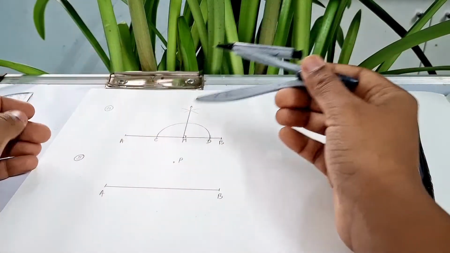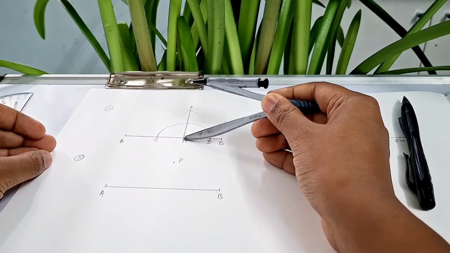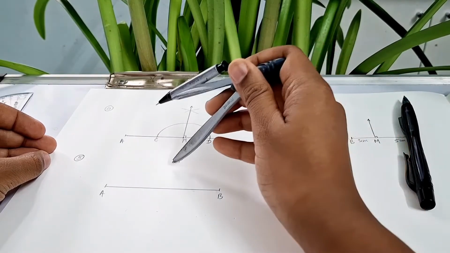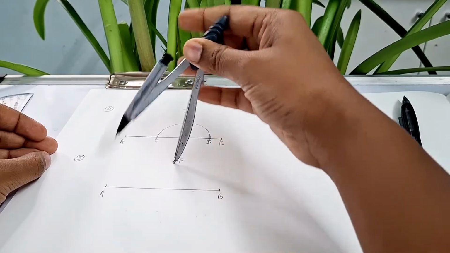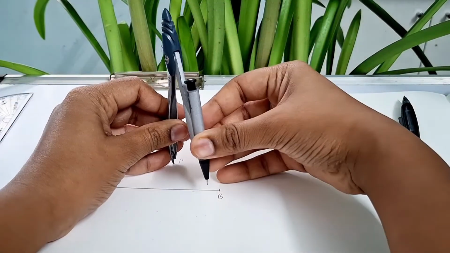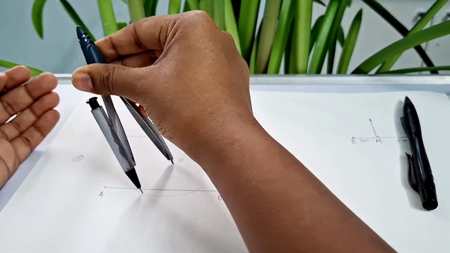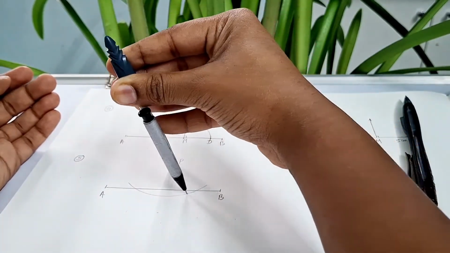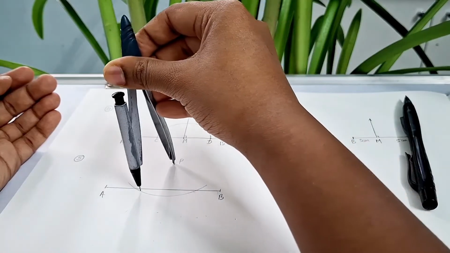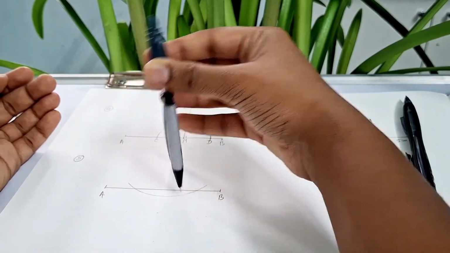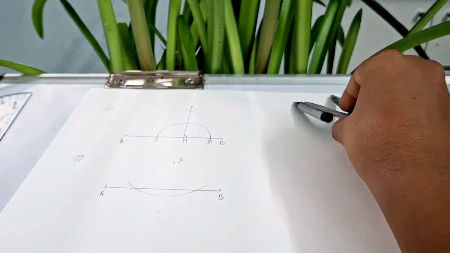So like in the previous question, from point M we made 2 points, that is C and D. Same way from point P we need to mark 2 points. If you want, you can only draw small arcs instead of a whole semicircle as per your comfort.